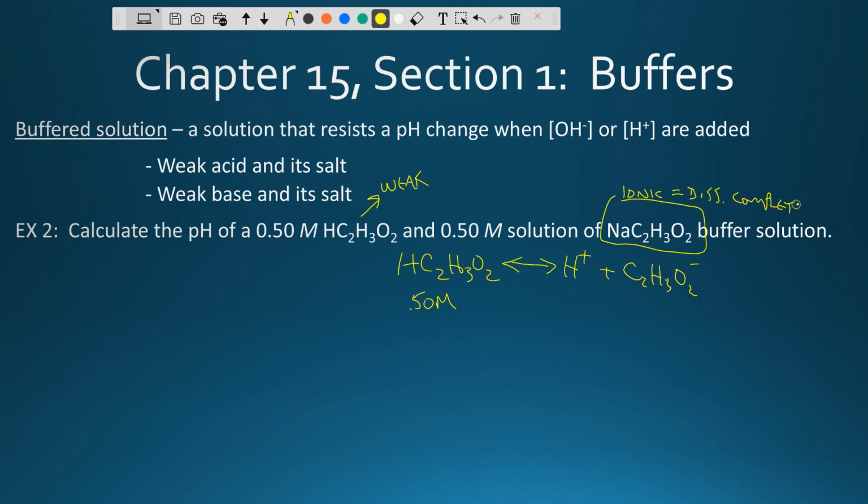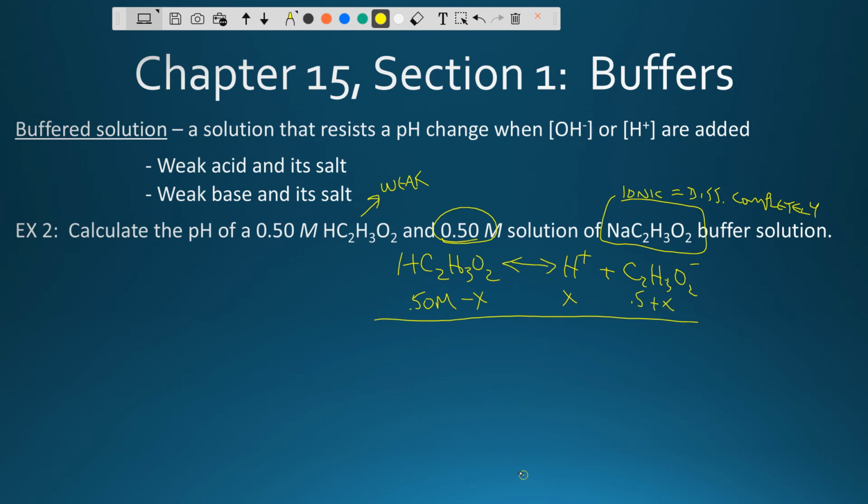So it's going to be releasing these acetates right here. And what does that acetate do? Well, it's going to eat up some of the hydrogens. So we're going to lose a certain amount of this, and notice that I've got a 0.5 molar solution here, but he's going to gain some of these hydrogens.